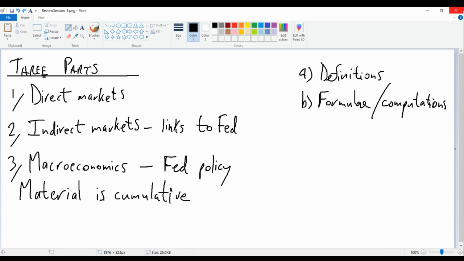Let's see, what else did we learn? When we were talking about direct financial markets, we talked about purchasing power parity and interest rate parity, so you may have to do some computations related to that. In the second part, all our computations had to do with manipulating balance sheets.